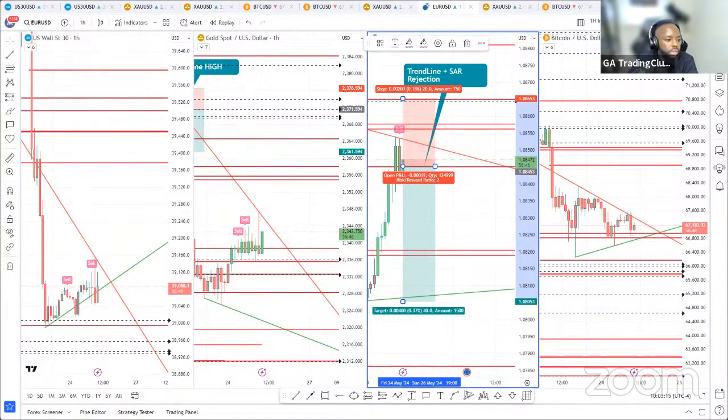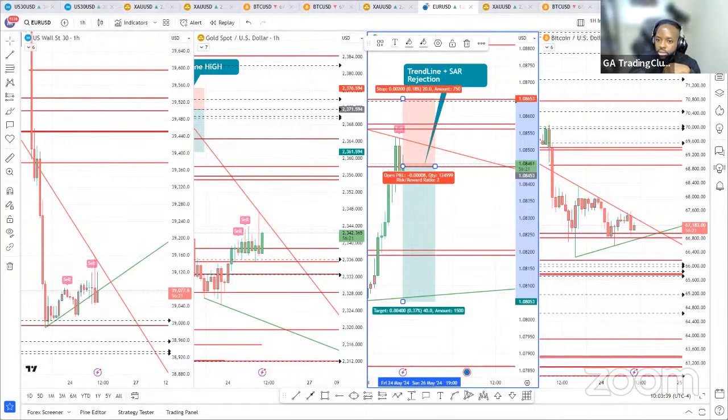All right. For EU, it looks like we've completed structure. There's definitely more structure that can still be completed to the upside, but this can be a nice setup on EU.